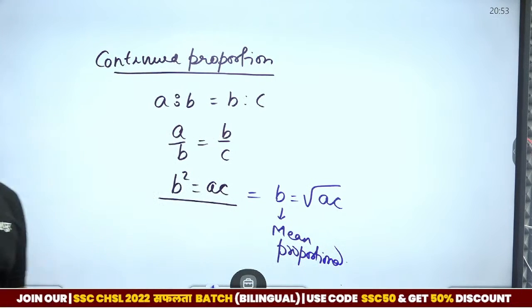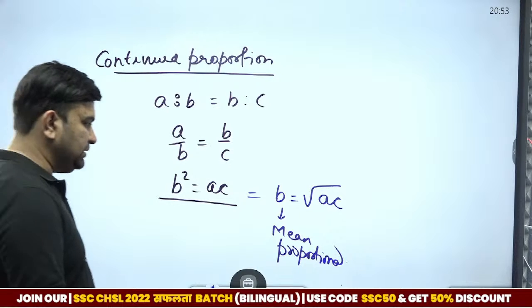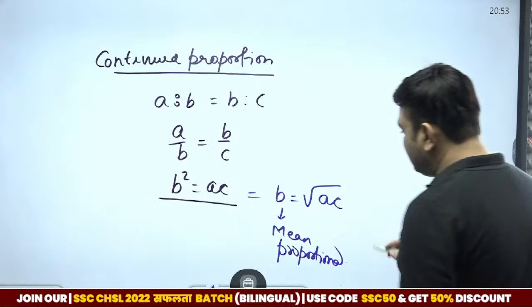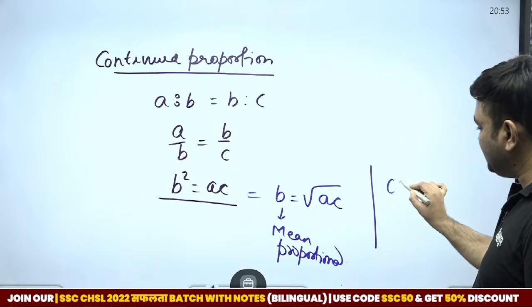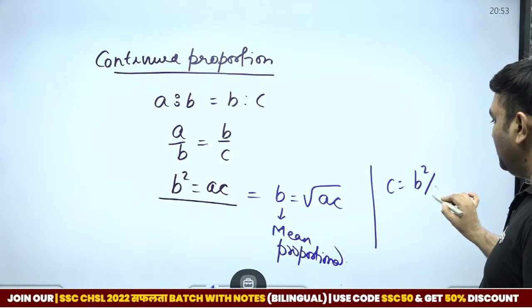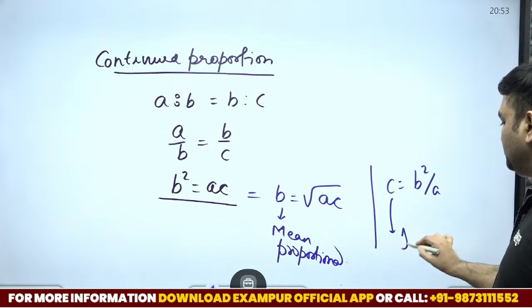B is the mean proportional. And C is basically B square by A, so C is the third proportional.